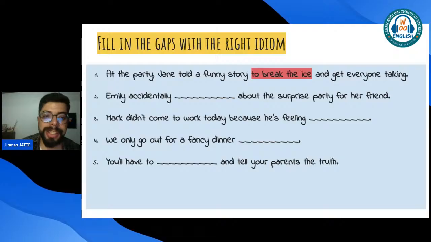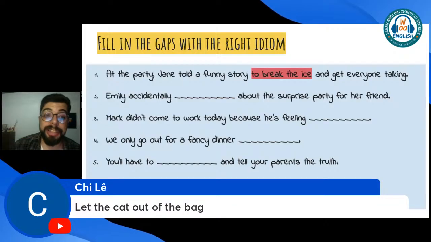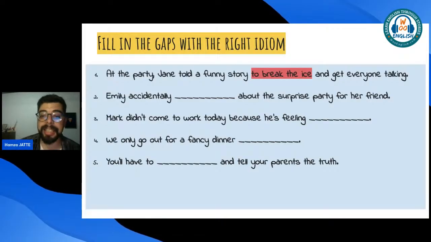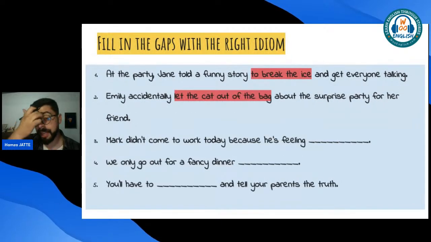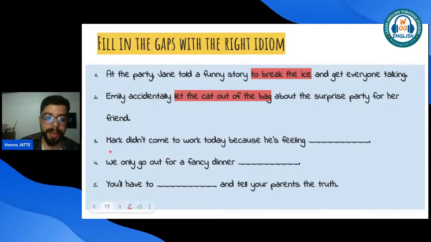Is that another suggestion for number three or number two? When there is a surprise party and someone tells the person that they are being the guest of a surprise party, let the cat out of the bag or spill the beans. Both of them are correct.